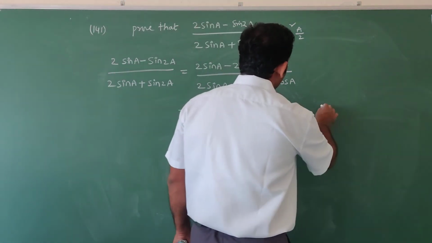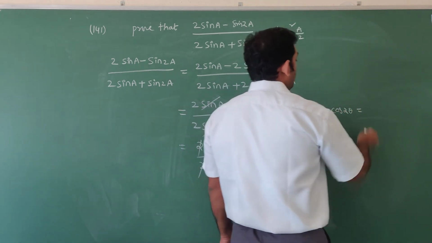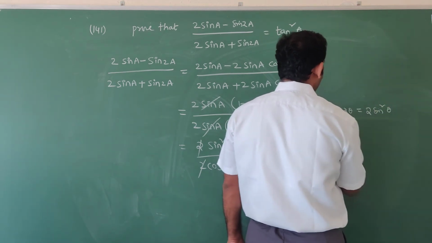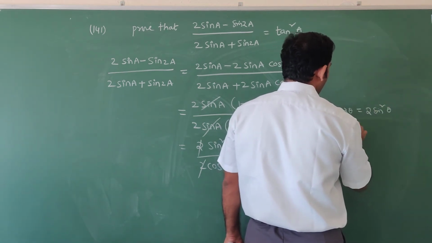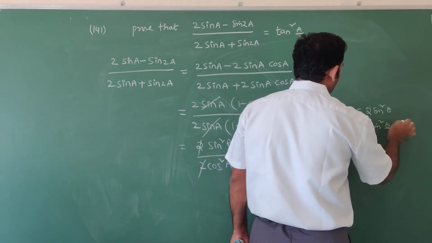These formulas you write beside: 1 minus cos 2 theta equal to 2 sin square theta, so 1 minus cos theta equal to 2 sin square theta by 2.